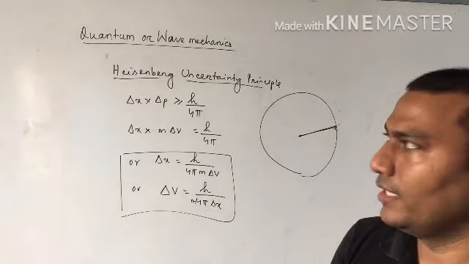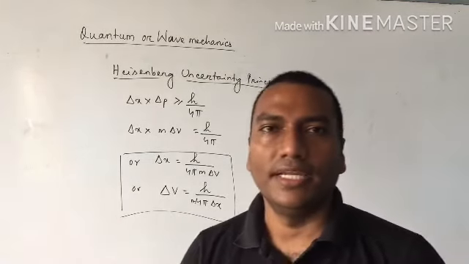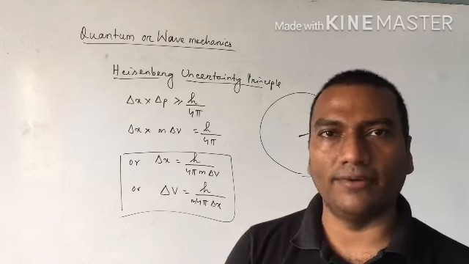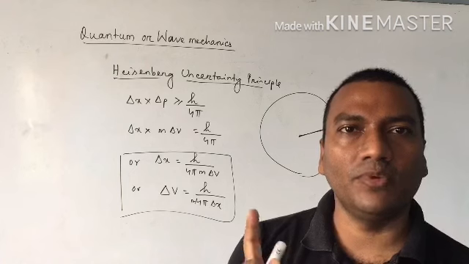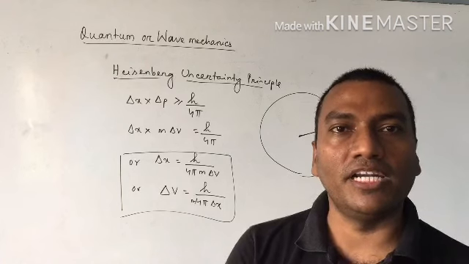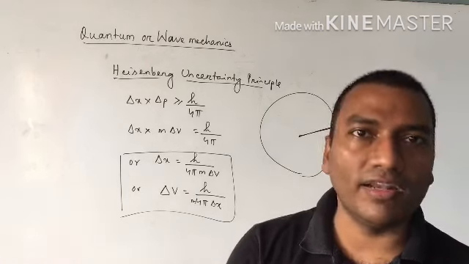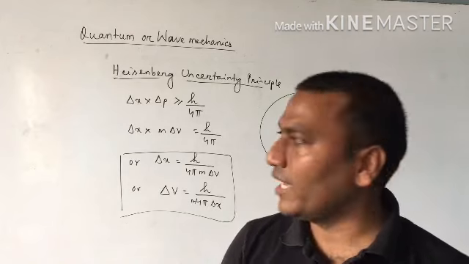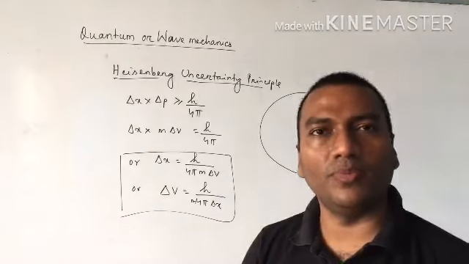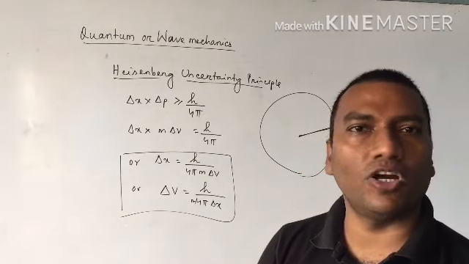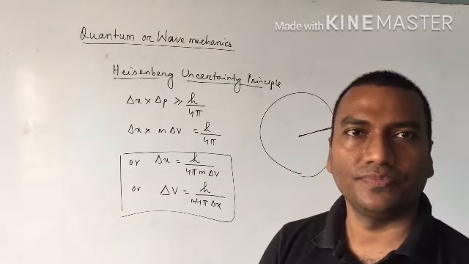That is why Heisenberg said it is very difficult to calculate the exact position and exact momentum or velocity with 100% certainty. We cannot calculate. Heisenberg explained that this theory is applicable for microscopic particles, not for macroscopic particles.